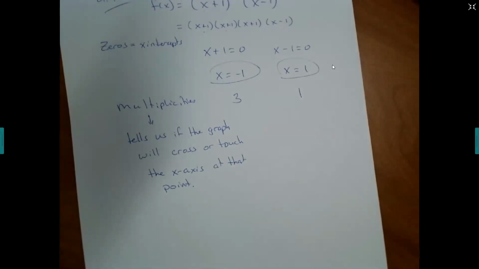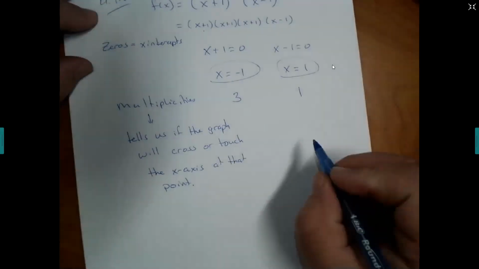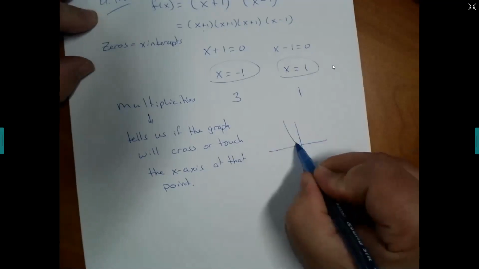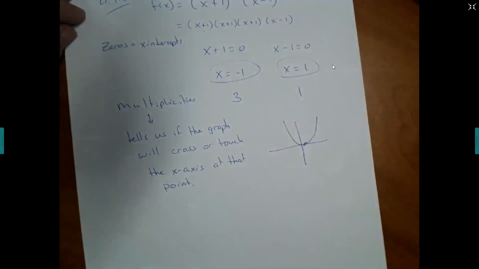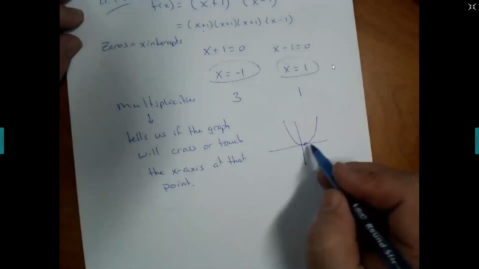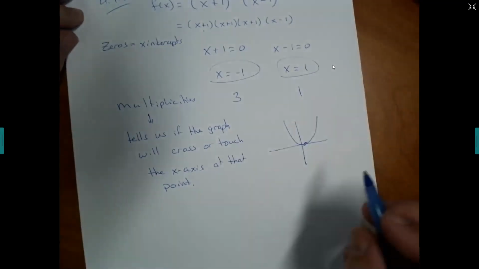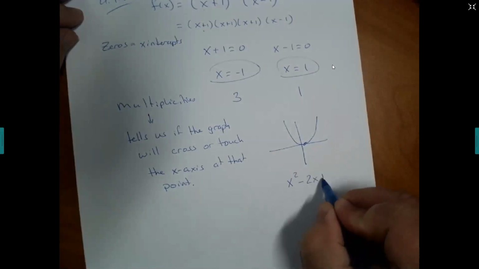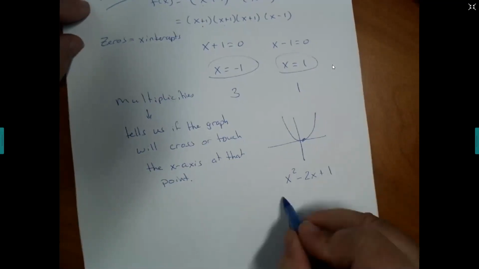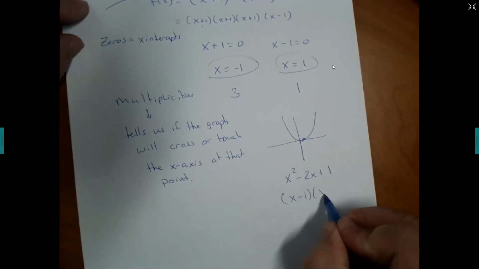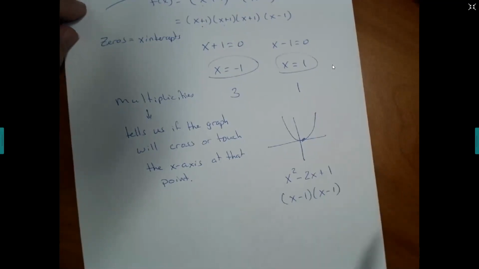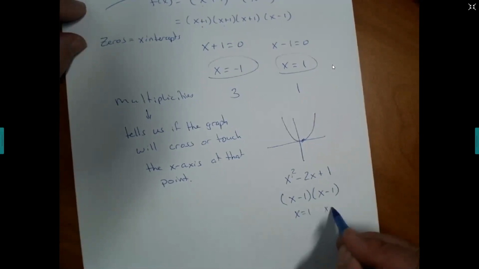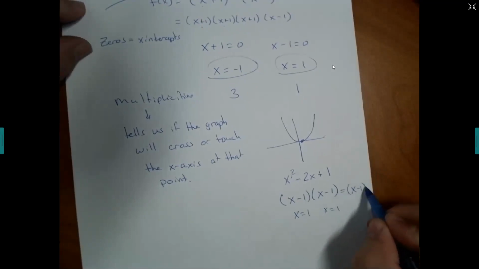We've seen this before. If it touches, remember this, what kind of equation is this, if it has a parabola as a graph? It's a quadratic, yeah. And it's an even degree. So therefore, its multiplicity is 2.